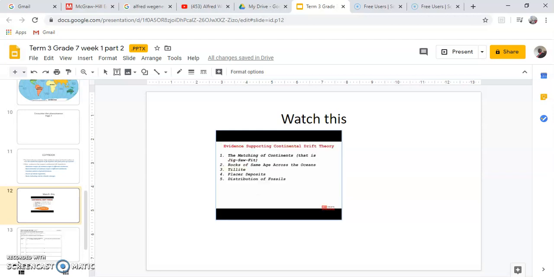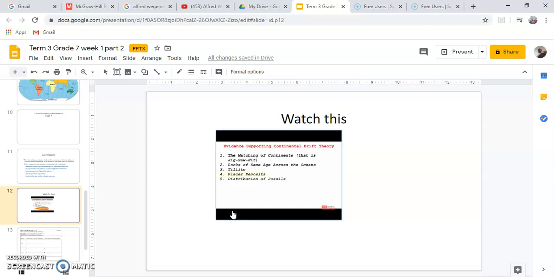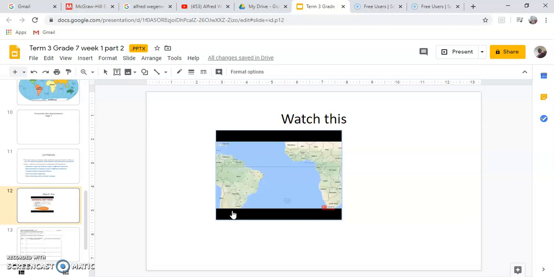The third evidence is placer deposits. Placer deposits are an accumulation of valuable minerals like gold, diamond, etc. If you look at Ghana, the Ghana coast is rich in placer deposits of gold.